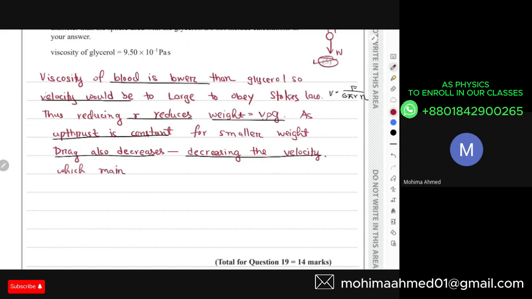At low speed the laminar flow can be maintained, and the velocity can be easily calculated. But I'm not sure if you're going to get any marks for the last 2 points, though they are connected to this answer. You can add them, no problem.